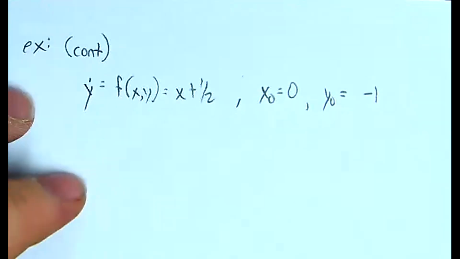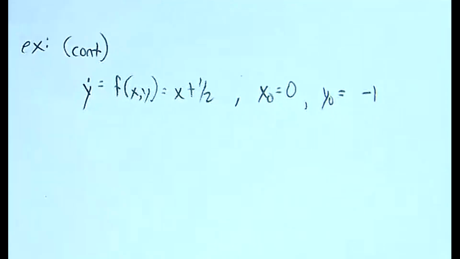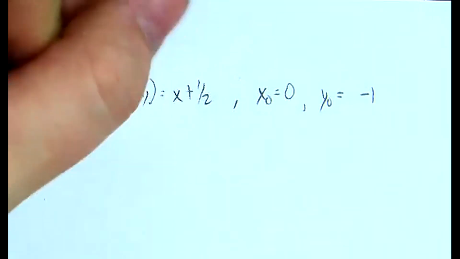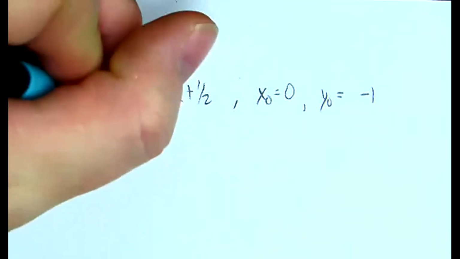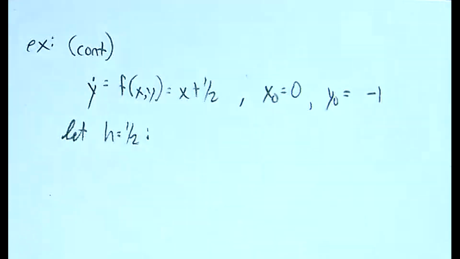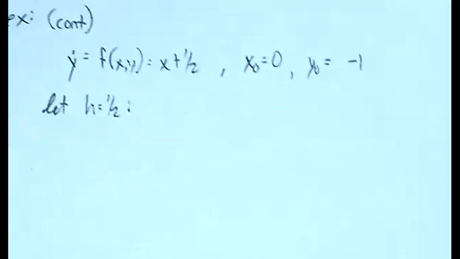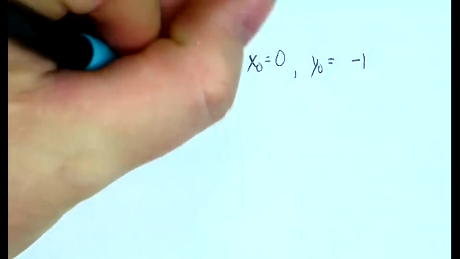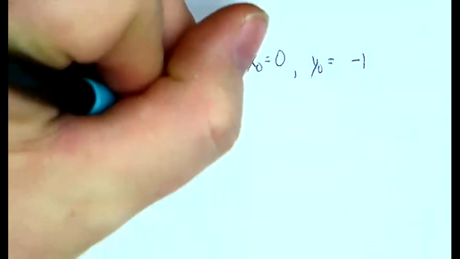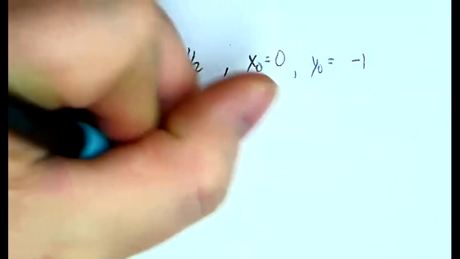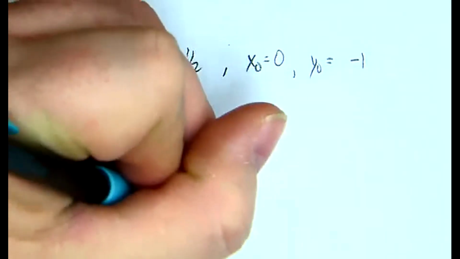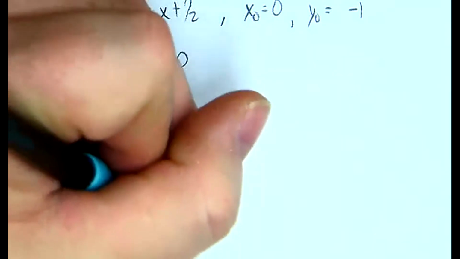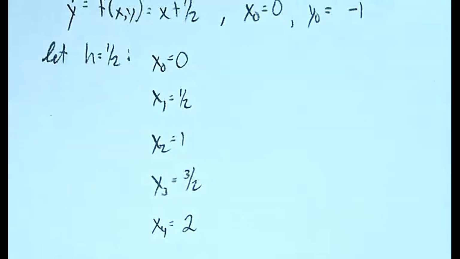We're trying to estimate y of 2. We've done a step size of 2. We've done a step size of 1. Let's try a step size of a half. So I'm going to have x0 is 0. x1 is 1/2. x2 is 1. x3 is 3/2 or 1.5. And x4 is going to be 2.